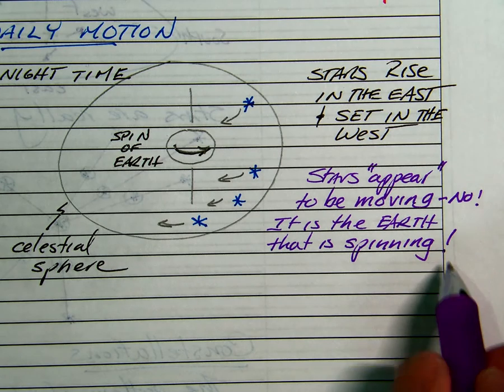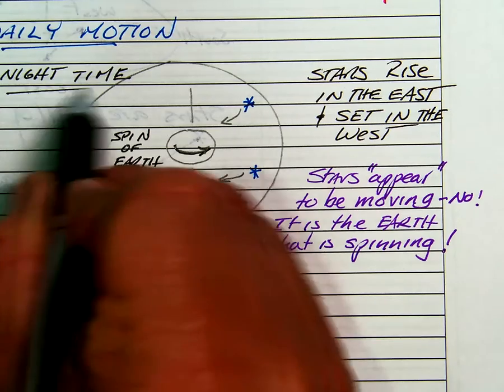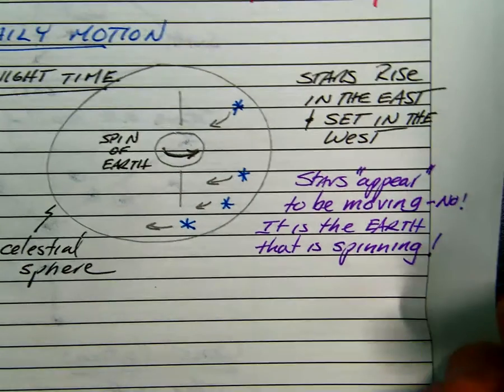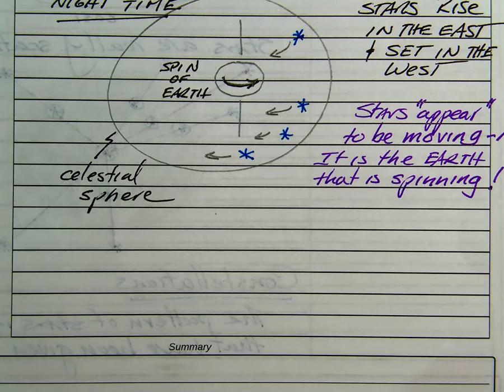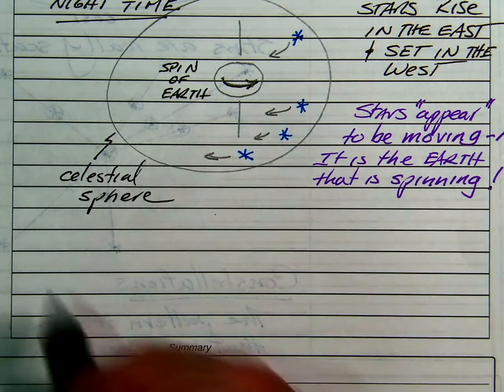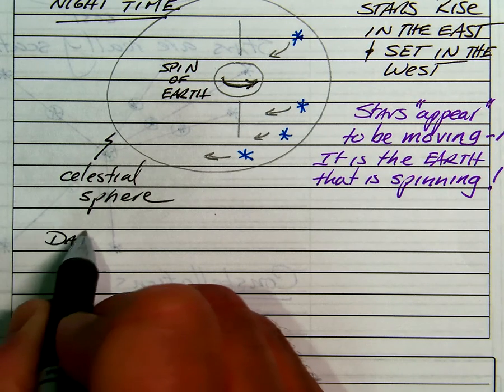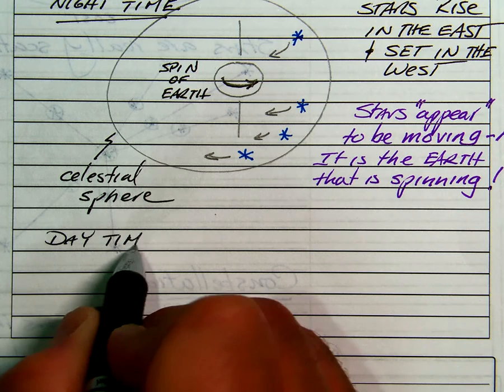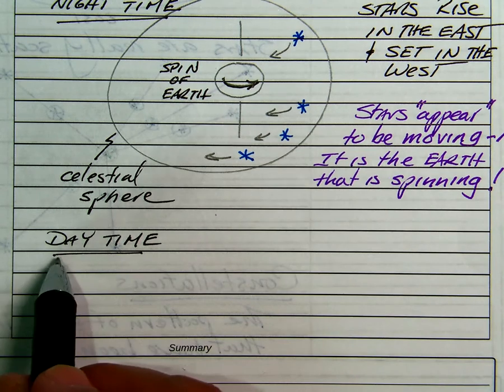Okay. Now, in a similar fashion, that's nighttime up here. I'll try to squeeze this at the bottom. Bear with me for a second. I'll try to do daytime. Daytime.